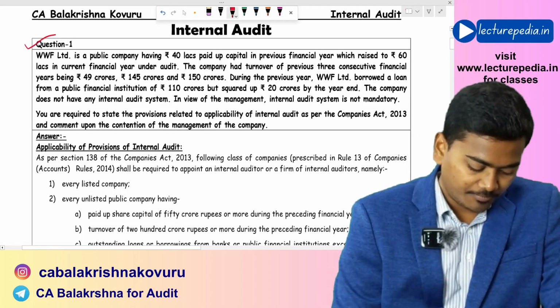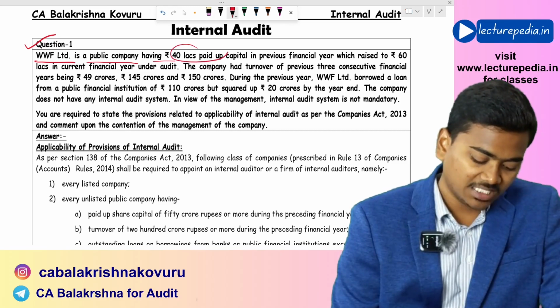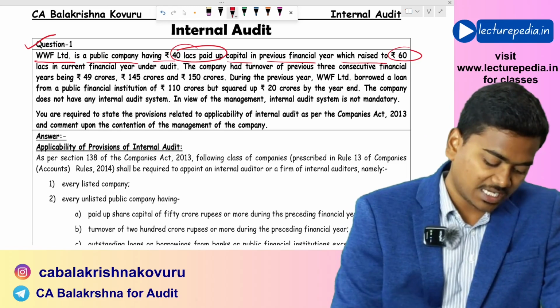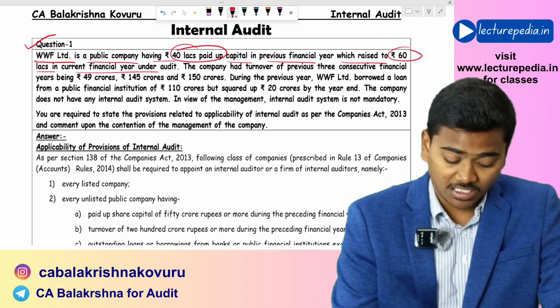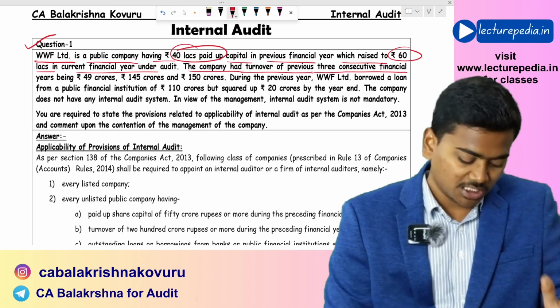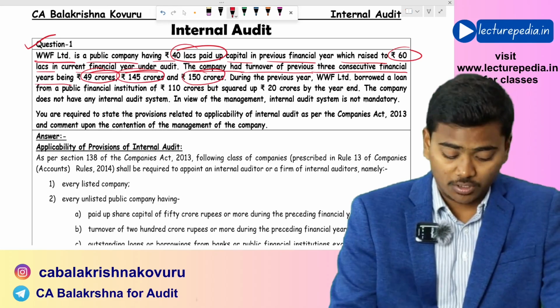Question number 1. WWF Limited is a public company having 40 lakhs paid up capital in the previous financial year, which rises to 60 lakhs in the current financial year under audit. The company had turnover of previous 3 consecutive financial years being 49 crores, 145 crores and 150 crores.